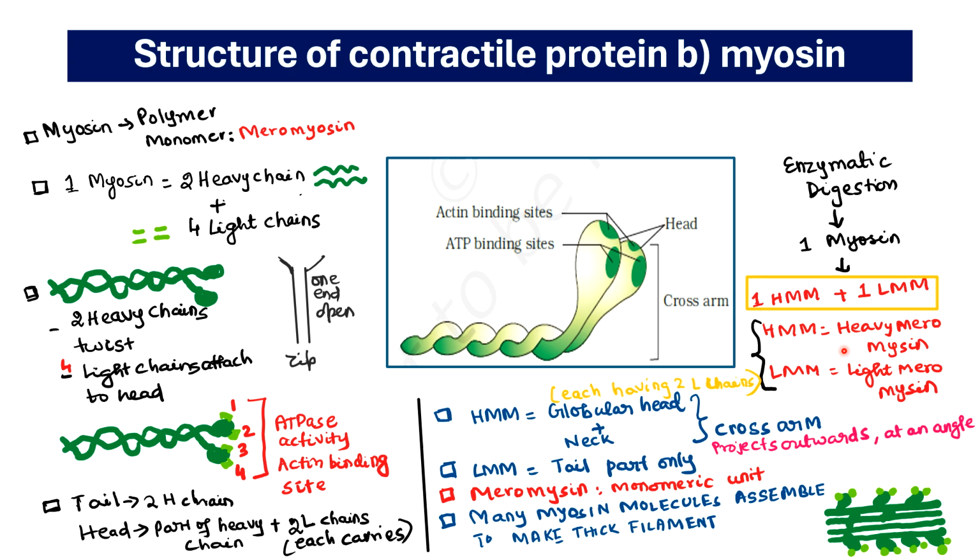So this HMM is nothing but heavy meromyosin, and it is composed of the globular head plus the neck region, or the cross arm, and the light meromyosin or LMM is made up of the tail part only. Okay, so this is all about the structure of myosin. I hope you are clear about it.